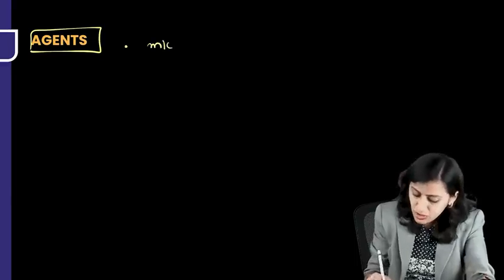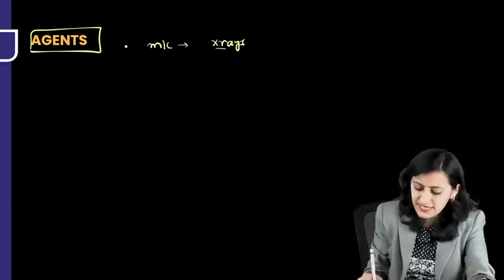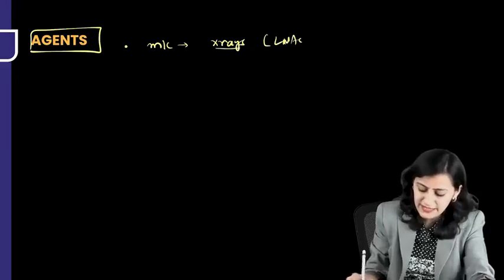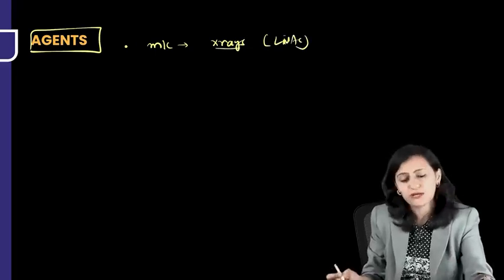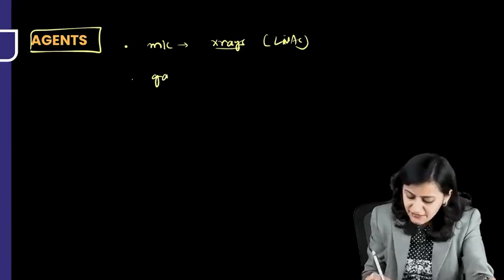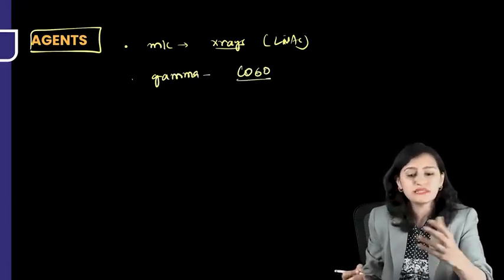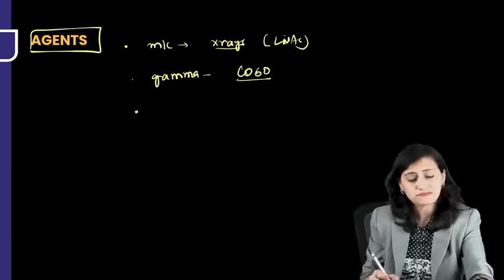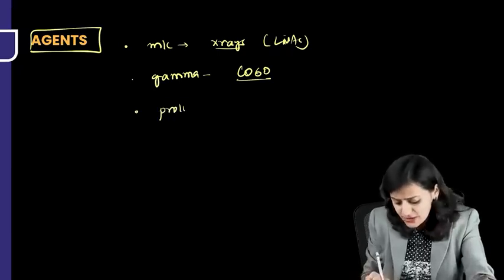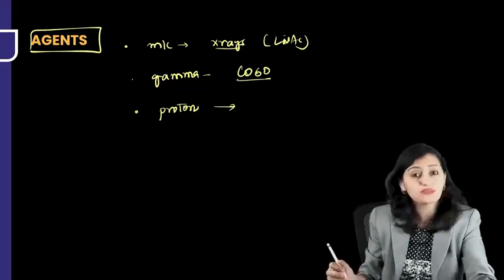Now, what are the various agents that are used for radiotherapy? Most commonly used is X-rays now, because LINAC is the most commonly used, which produces X-rays. Then we have gamma rays also, like cobalt-60, the cobalt machine, which acts via gamma radiation. Then we can also use the proton beam for radiotherapy.